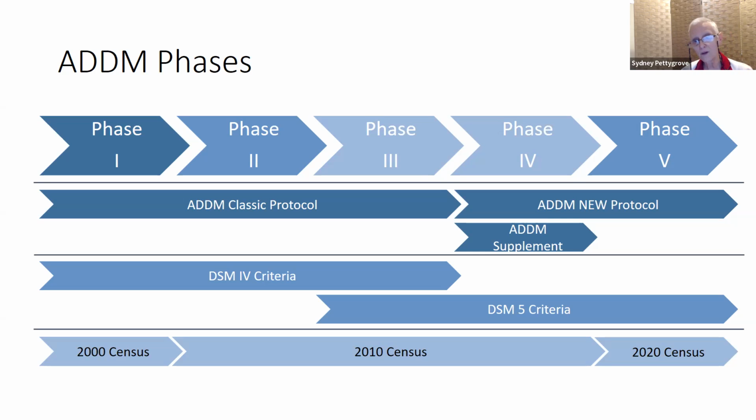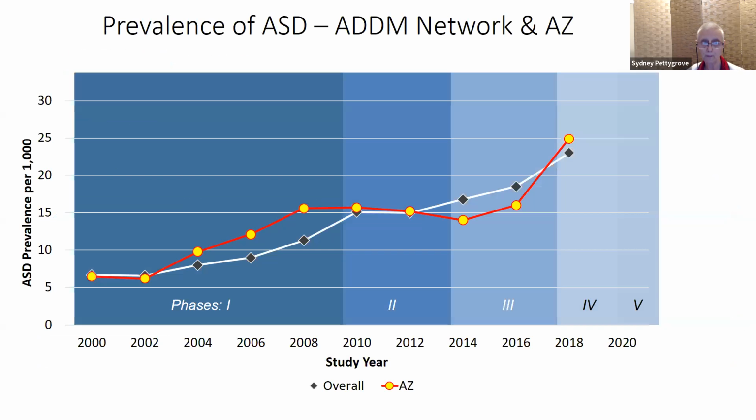So when I got started thinking about that, I realized, well, we've had a lot of potential for changes that are not really based on changes in actual prevalence, but in fact are changes related to these other kinds of things: where we're getting our census data, what criteria we're using, and our protocol.